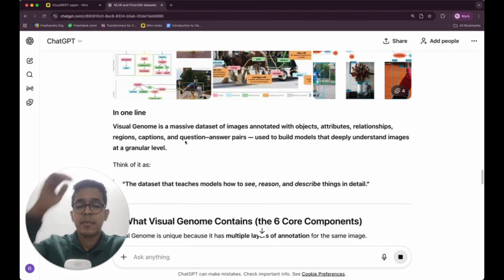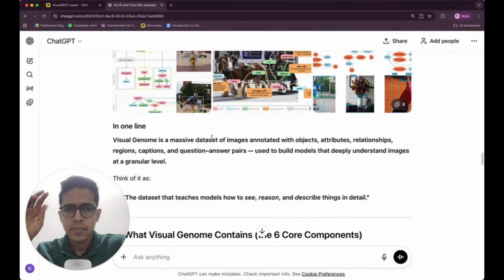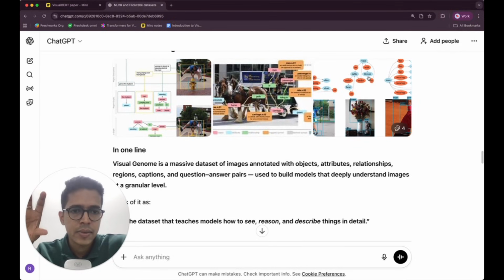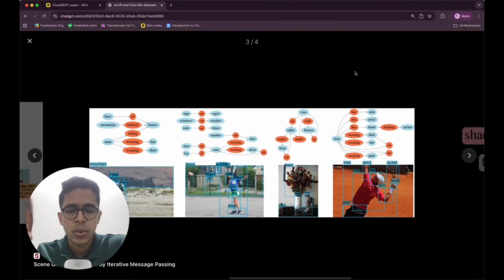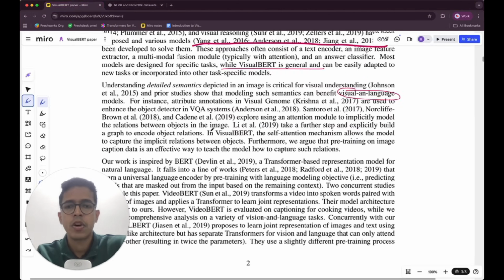So it's not just image caption pairs or image label pairs. It has attributes within the image, and I'm sure there are these graph structures that ChatGPT is showing. It's showing relationships between different items in an image. Okay, so visual genome is basically a very comprehensive dataset. For instance, attribute annotations in visual genome are used to enhance object detectors in visual question answering systems.